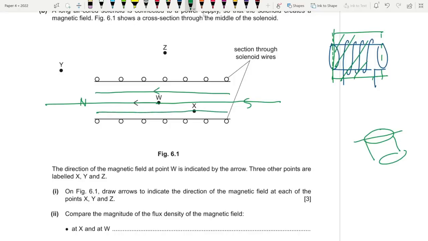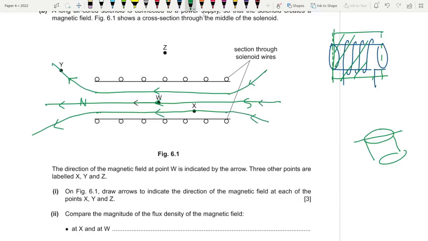It looks like this over here, and as you head out it's gonna be like this. Similarly it's gonna be like this over here. It's gonna enter into south.